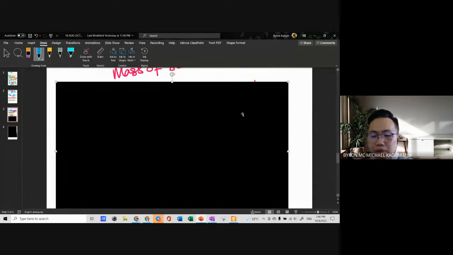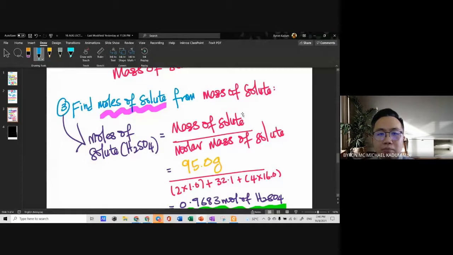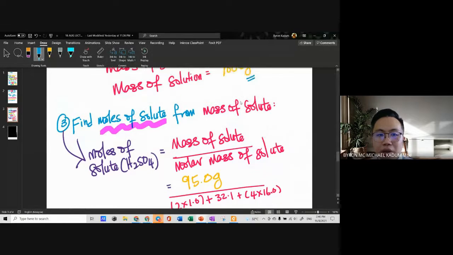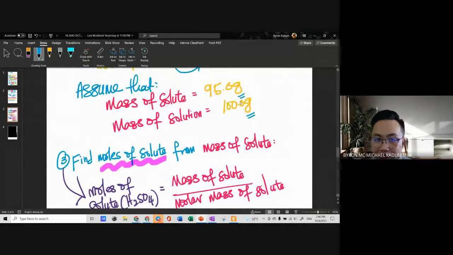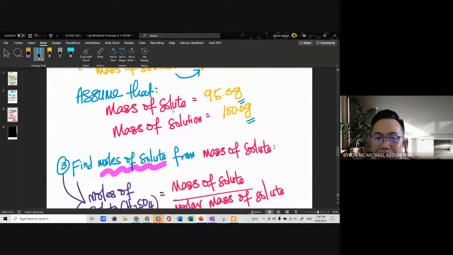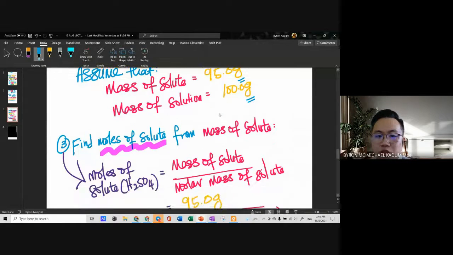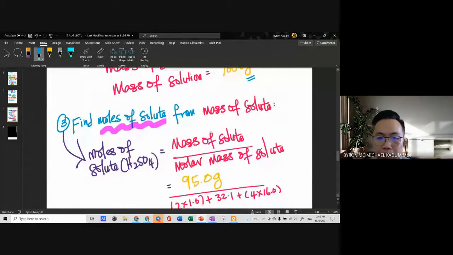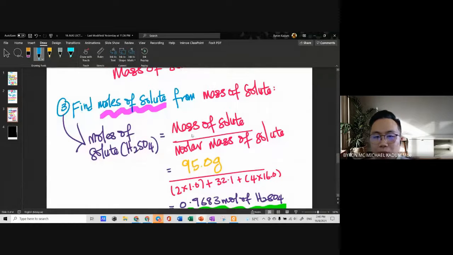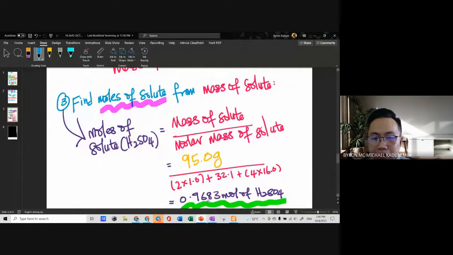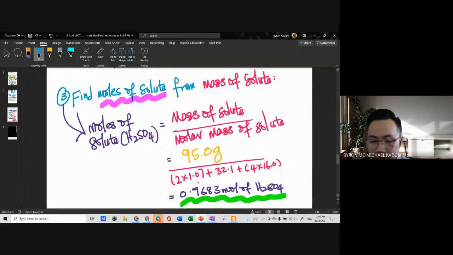Next, what we're going to do is find the moles of solute from the mass of solute. We have decided from the logical assumption that the mass of solute is 95 grams. So to get the moles of solute, we use the formula mass of solute over molar mass of solute. Again, how do you find molar mass? The one that I've done here, we use the table.